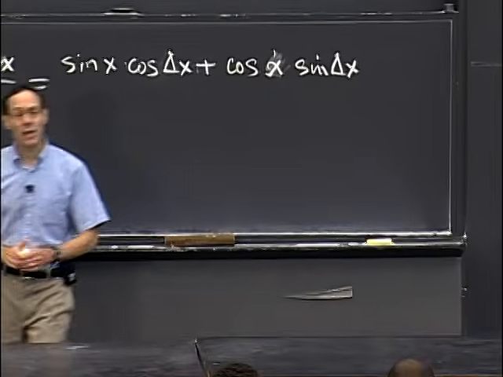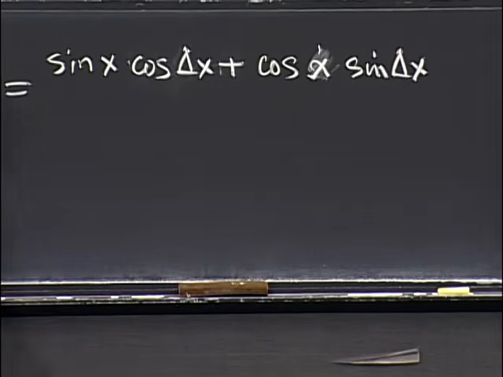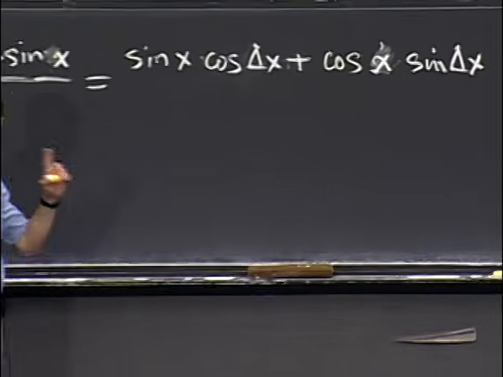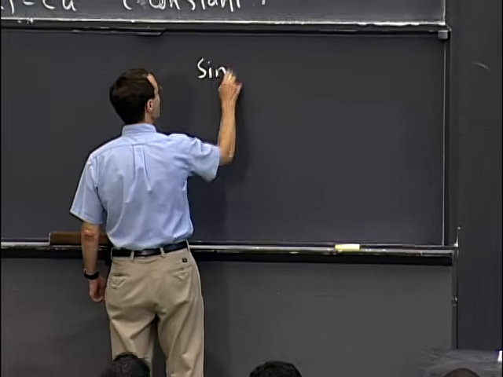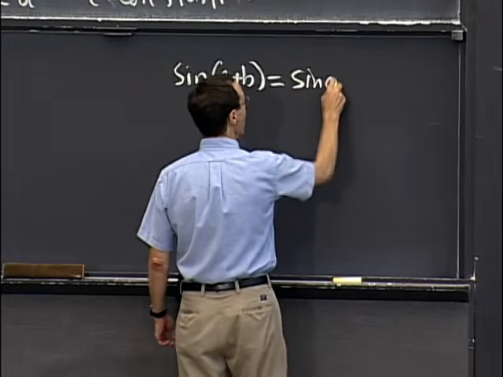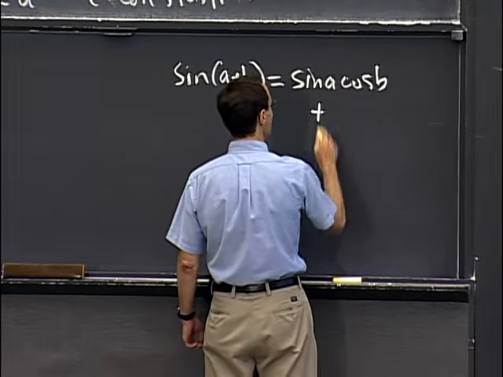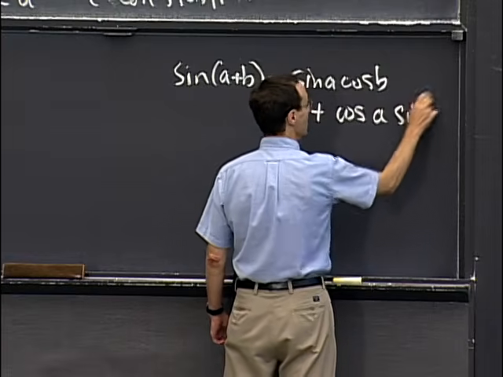All right? Now, there are lots of places to get confused here, and you're going to need to make sure that you get it right. So we're going to put those in parentheses here: sine of a plus b is sine a cosine b plus cosine a sine b.